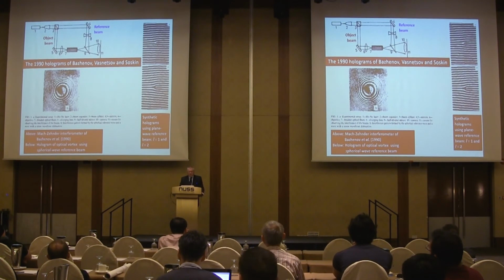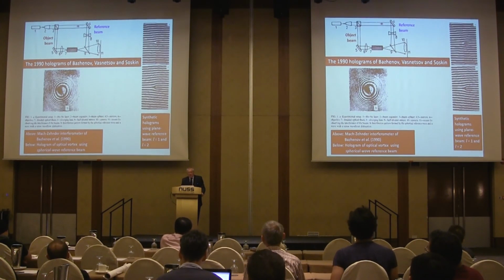This group in the Ukraine had, once again, the workhorse of everything, the foundation of quantum physics, the Mach-Zehnder interferometer, a laser beam shining on a beam splitter. There's a reference beam that passes through the beam splitter and is reflected off a mirror.